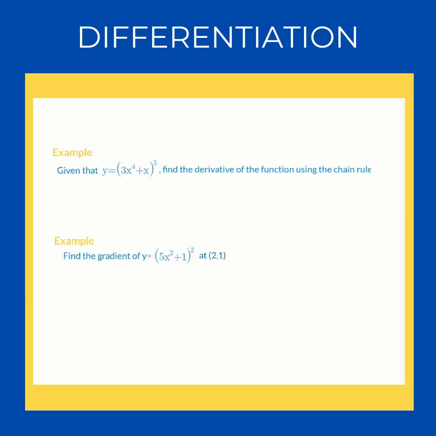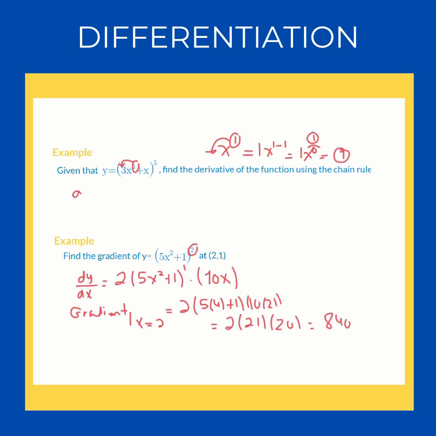In the first example, it says, given that y equals 3x to the power of 4 plus x, all of it to the power of 5, find the derivative of the function using the chain rule. So dy over dx is equal to, the 5 goes down, so it becomes 5 times 3x to the power of 4 plus x.